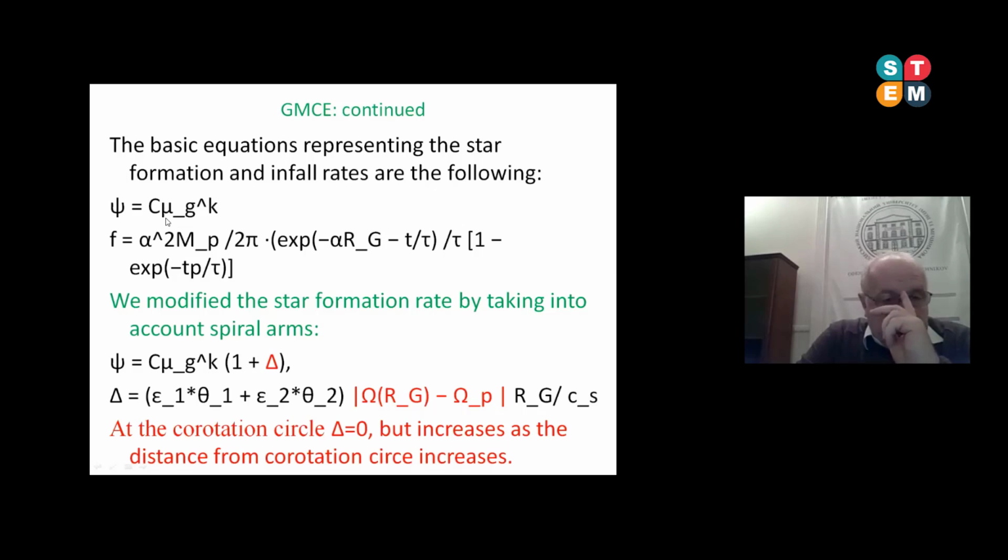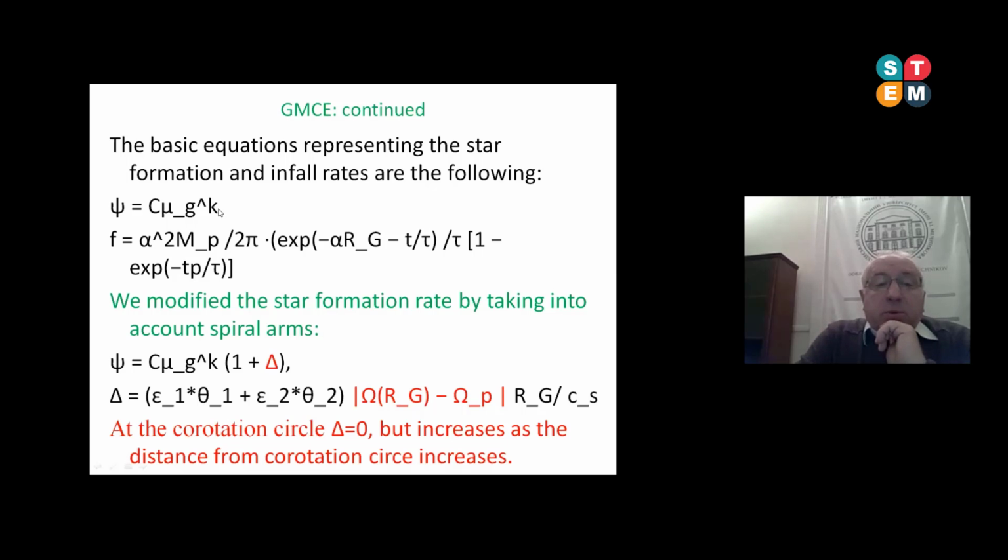Normally, people doing galactic chemical evolution modeling use a simple approximation as usual. The star formation rate depends upon the concentration of the gas to the power K. K could be 1 or 2.